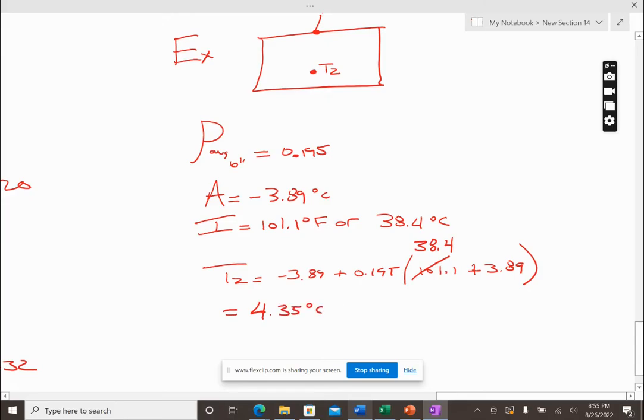Okay, and we have T1, of course, is 32, so that's 0 degrees Celsius.